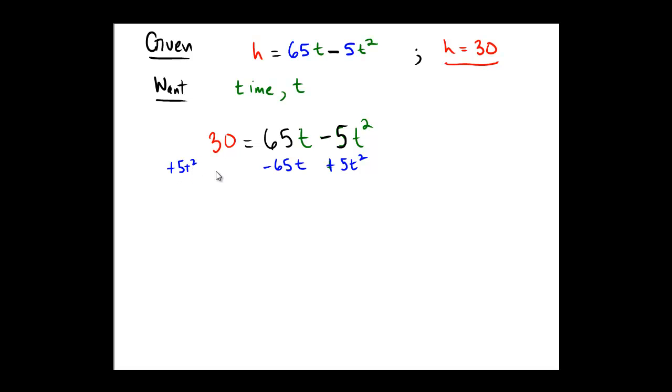Plus 5t squared minus 65t. So that way on the left hand side I end up having 5t squared minus 65t plus 30, and on the right hand side, thanks to the cancellations, we'll end up being left with 0.